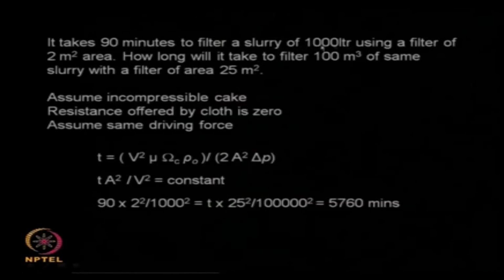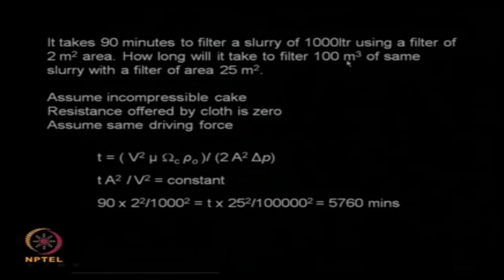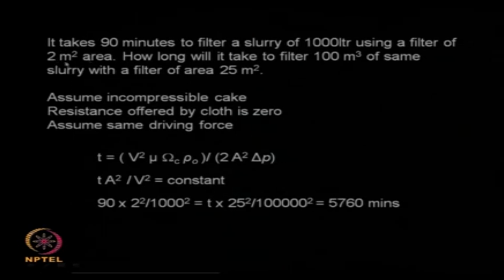In my pilot plant maybe I am filtering 1000 liters, but in my large scale commercial plant I need to filter 100 meter cube of the liquid. Although I am scaling up my surface area of the filter setup from 2 meter square to 25 meter square, this is not enough because they are all related as a square.